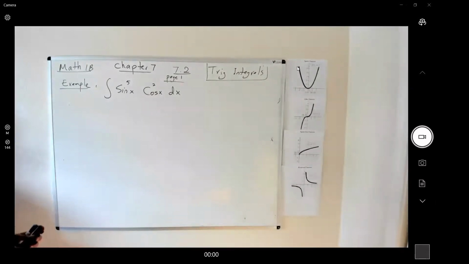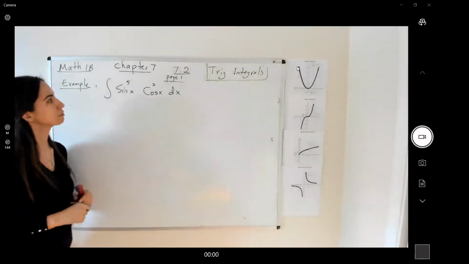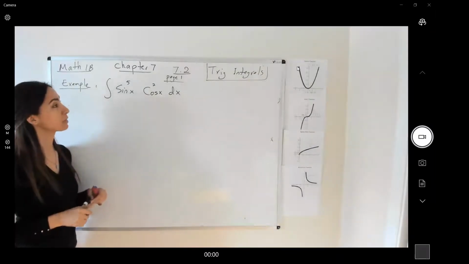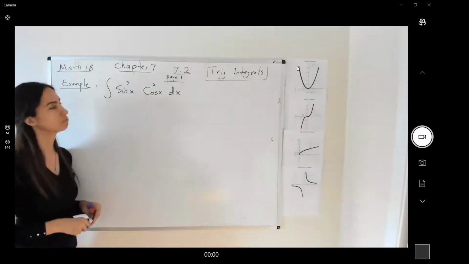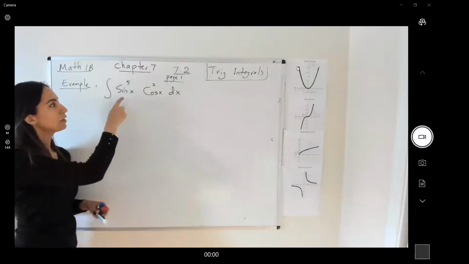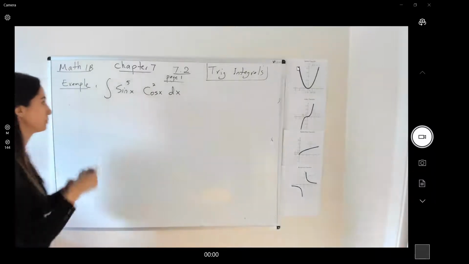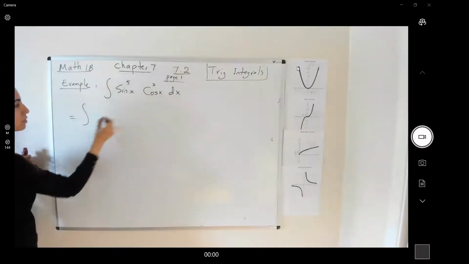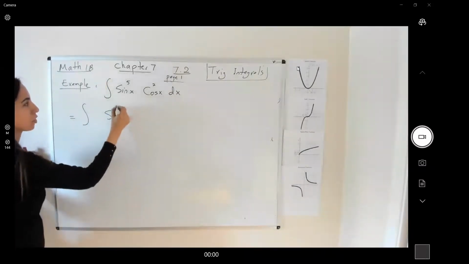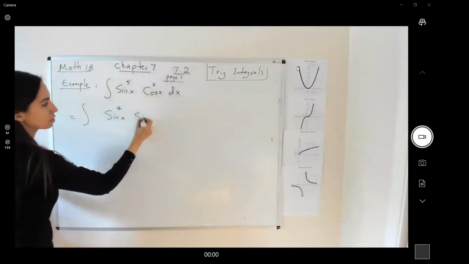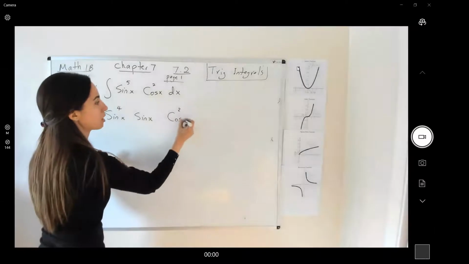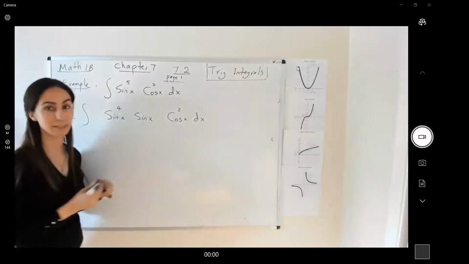Okay, perfect. Sine to the fifth and cosine squared. So let us rewrite this function, sine to the fifth, this way. Integral of sine to the fourth times sine times cosine squared dx.